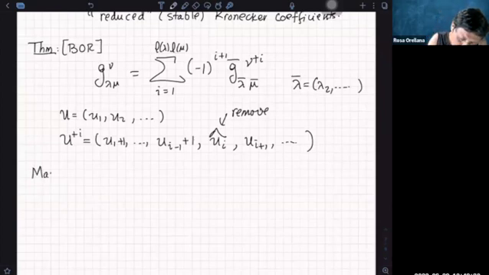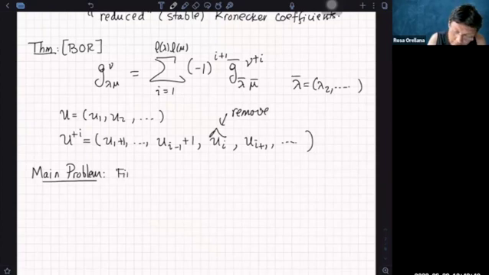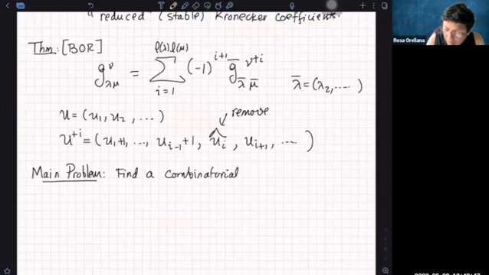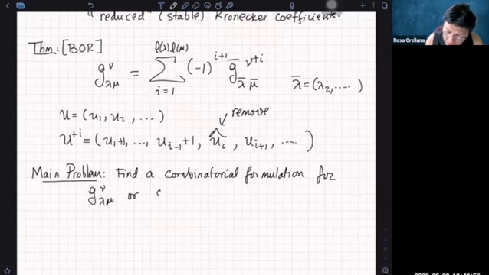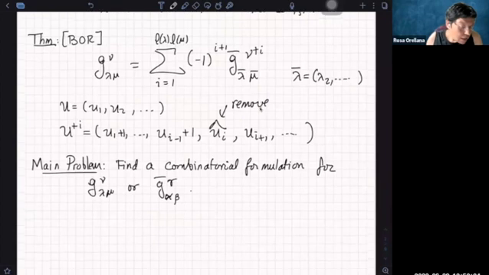So a main problem is to find a combinatorial formulation or interpretation for either the Kronecker coefficients or the reduced Kronecker coefficients, alpha, beta, and gamma.